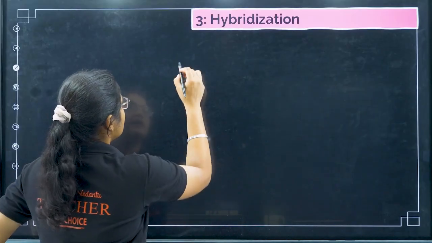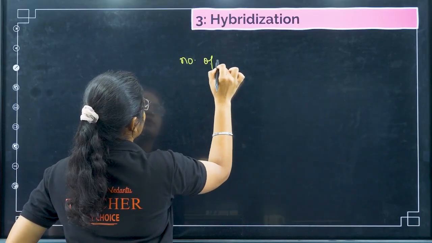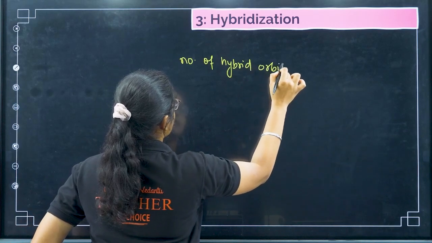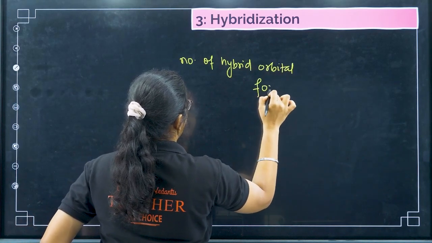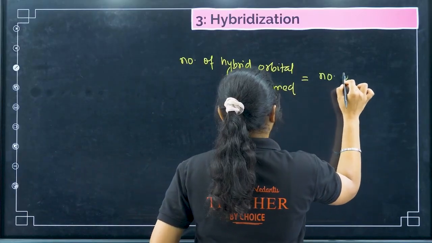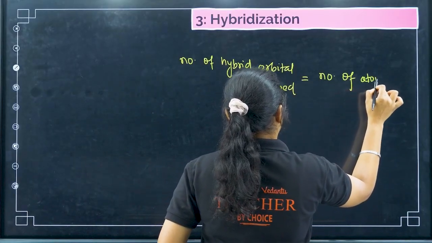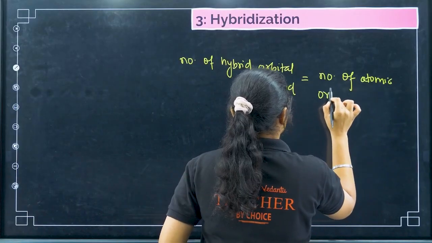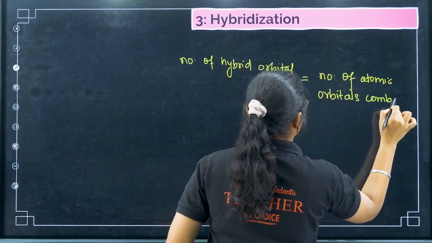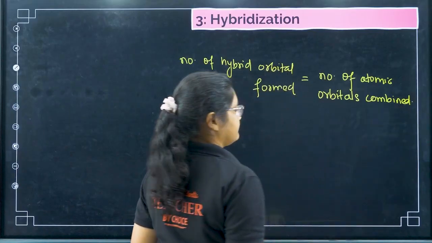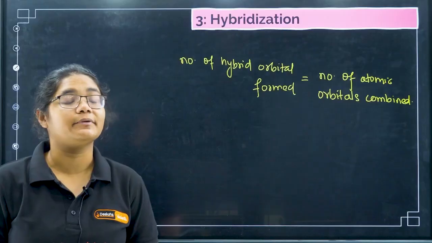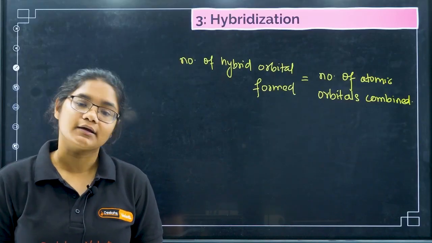Here you should know that the number of hybrid orbitals formed is always equal to the number of atomic orbitals combined.